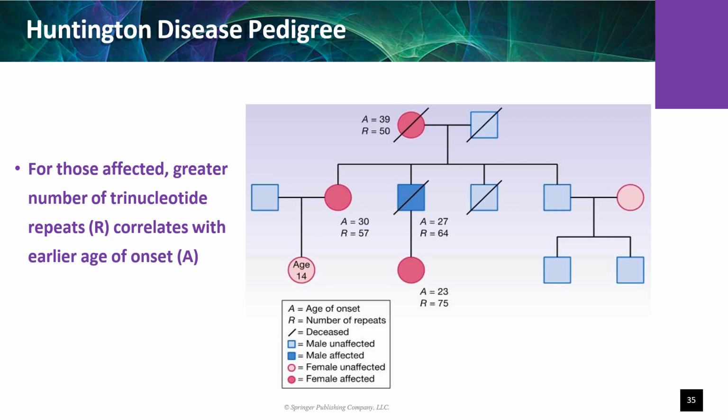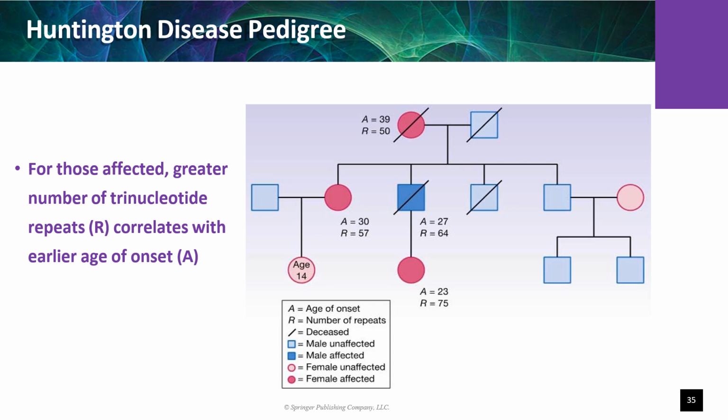The pedigree indicates an autosomal dominant pattern, with two children of an affected mother also acquiring the disease. The mother's onset was age 39 and she had 50 copies of the repeat.